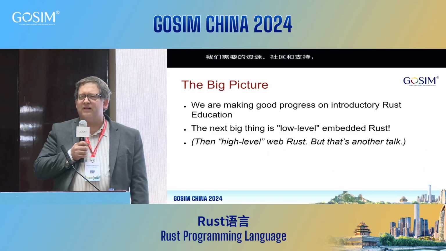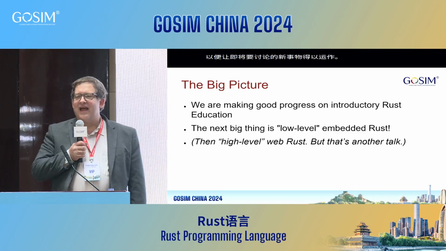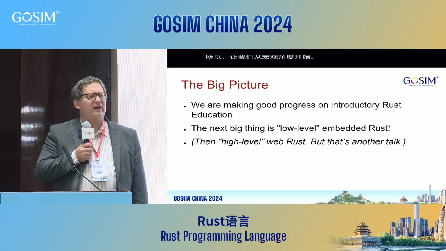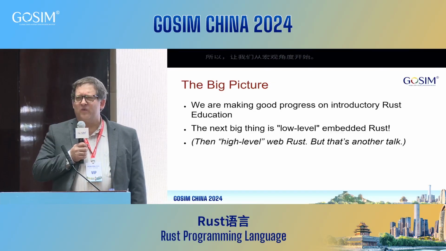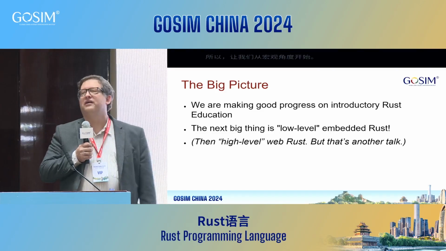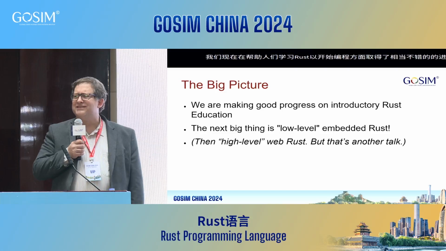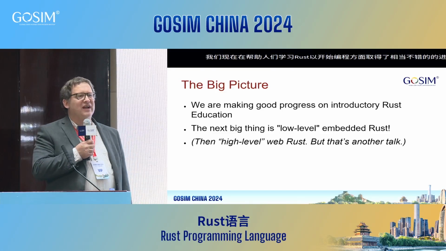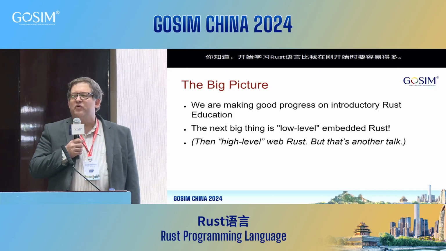So let's start with the big picture. I think the big picture is that right now we're making pretty good progress on helping people learn Rust to start. Starting Rust is much, much easier than it was when I started, and even much easier than it was a couple of years ago. I think we're ready to move on a little bit.